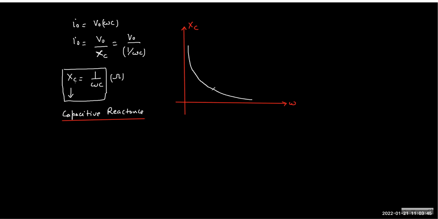And this suggests something, that for higher frequency signals, voltages or currents, the capacitor will never offer much resistance. It means a capacitor never reacts much to the higher frequency, it only reacts to the low frequency. So in terms of electronics, we call it a high pass filter.